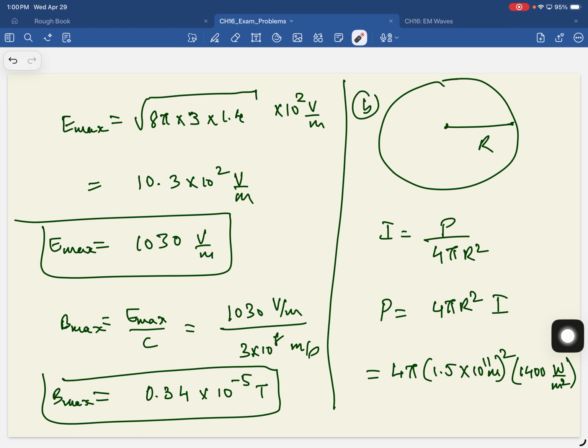The meter squared will cancel, and so you'll get the power of the sun in watts. So this is equal to 4 pi into 1.5 squared into 1.4 into 10 to the 22 plus 3, 10 to the 25.